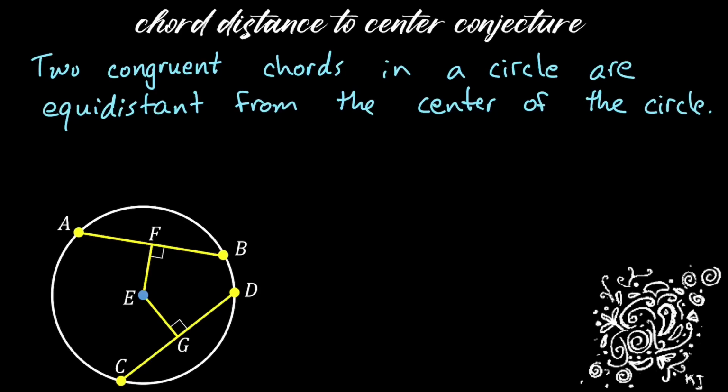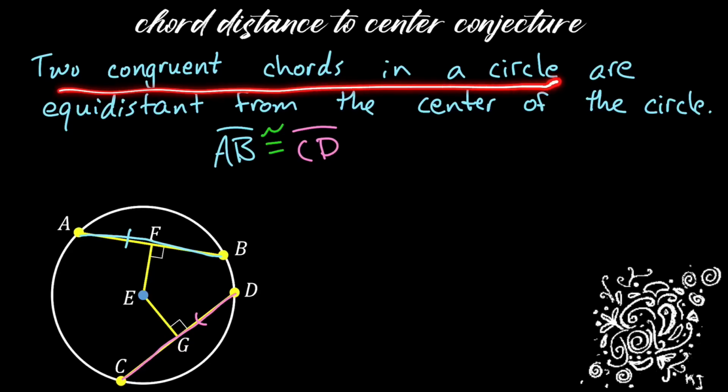So here we have two chords, chord AB that is congruent to chord CD. And I'm going to mark these with colors that make it clear what I'm suggesting. So we have chord AB is congruent to chord CD. That's the two congruent chords in a circle. They're equidistant from the center of the circle.